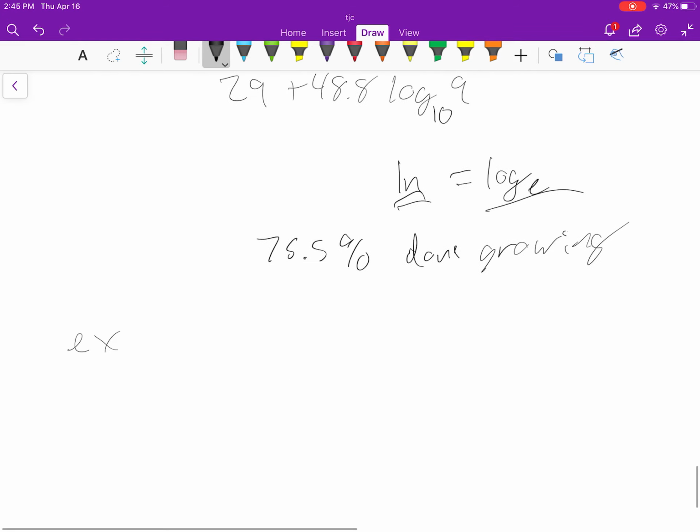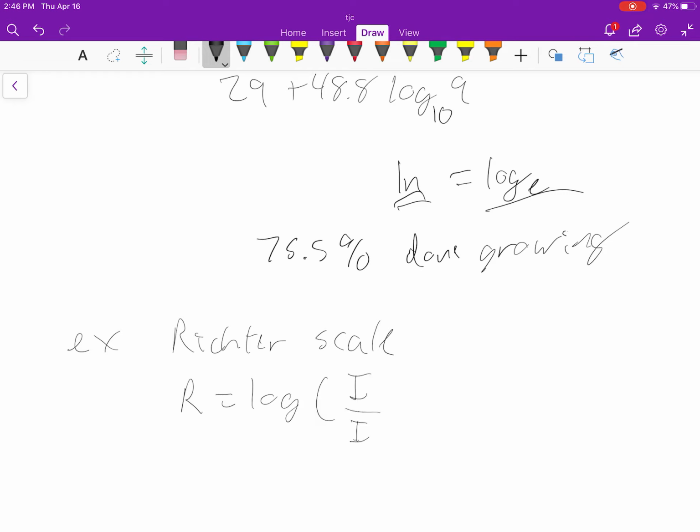Another example let's look at is called the Richter scale. This is how you measure the intensity of earthquakes. The formula for the Richter scale is R equals log of I over I naught. What they've done here is I naught is an earthquake that happened over 100 years ago.